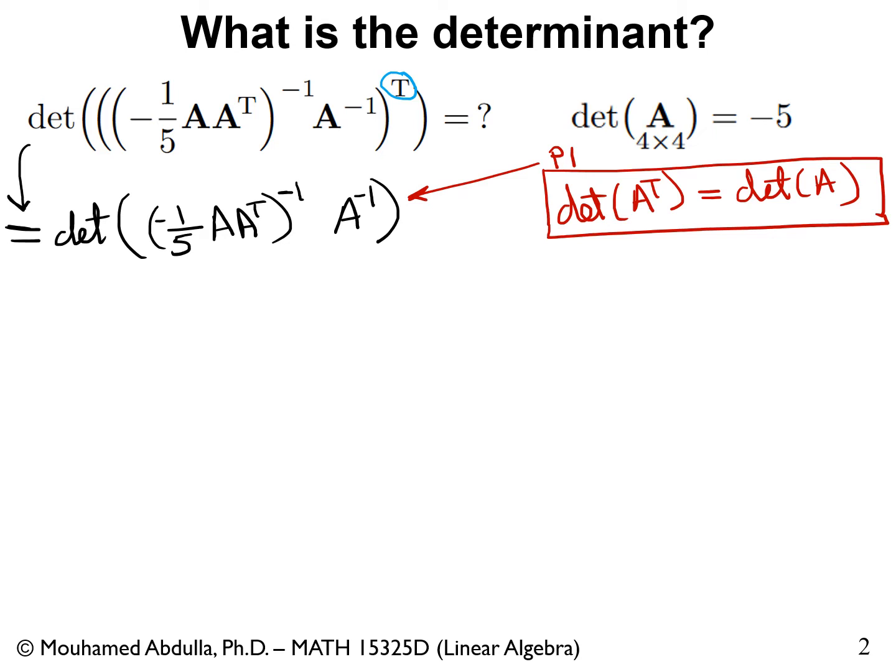So we could then move on to the second step here. When we multiply two matrices, we could in fact split the result. You could think of this entire thing as one matrix and this entire A inverse as another matrix.